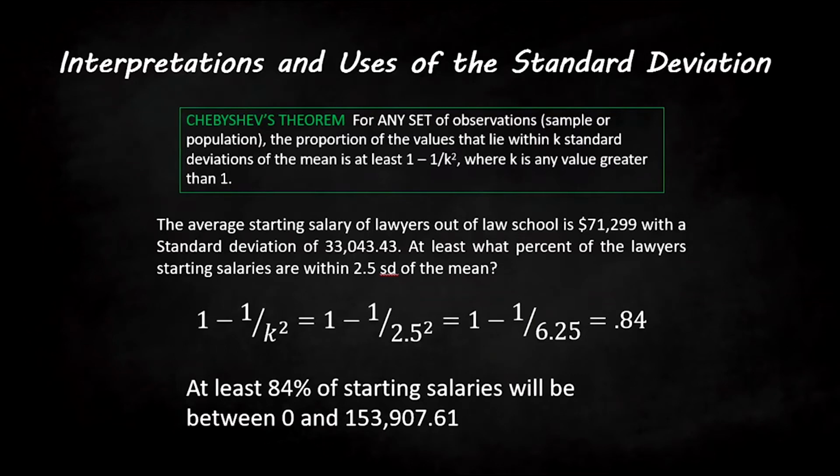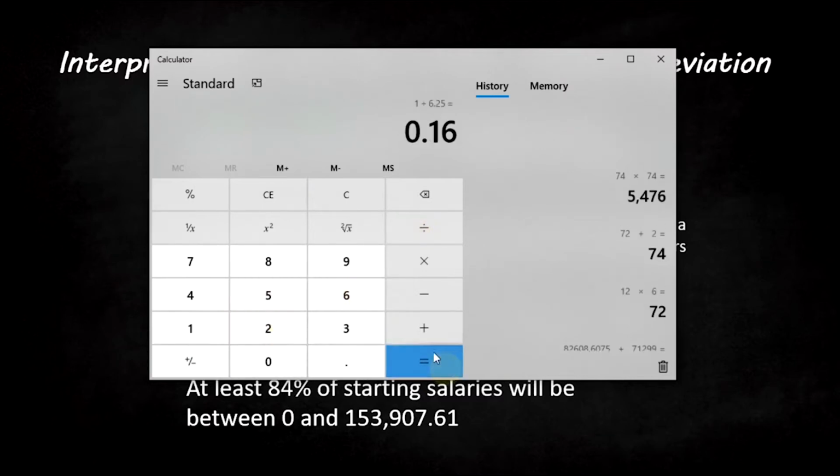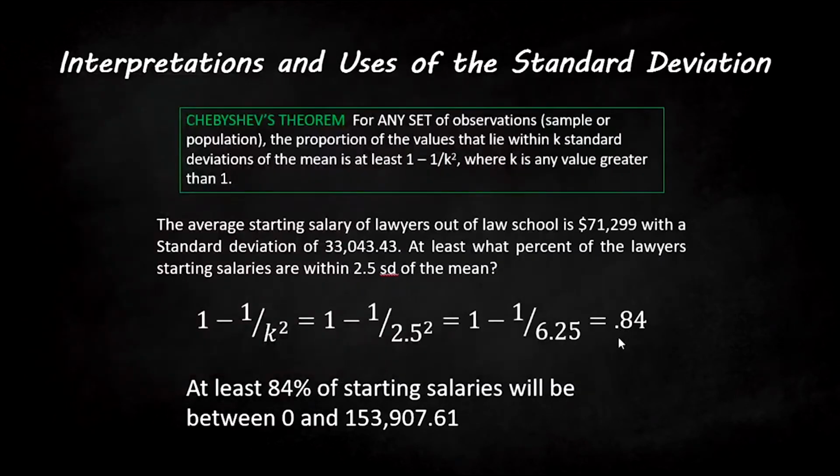And if you calculate 1 over 6.25, let's do this. 1 divided by 6.25, that's going to be 0.16. So now we take 1 minus 0.16, and that is going to give us 84%, or 0.84.